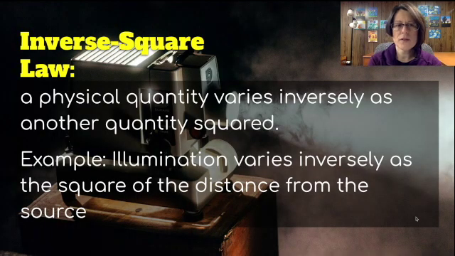The inverse square law is when a physical quantity varies inversely as another quantity squared. This is what is going on with distance in our universal gravitation equation. So gravity follows the inverse square law, and we talked about that in detail.